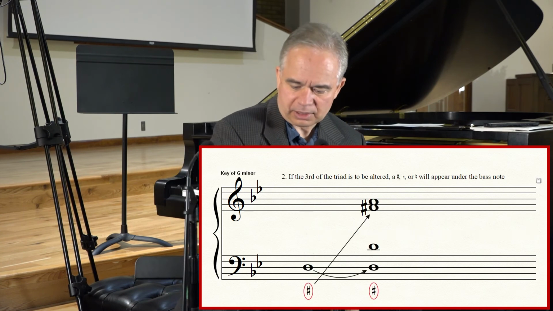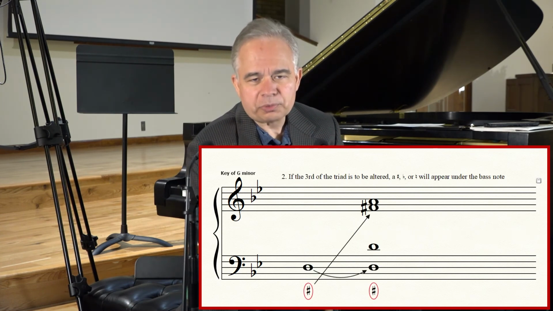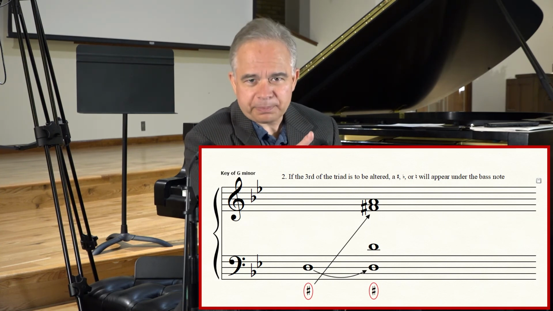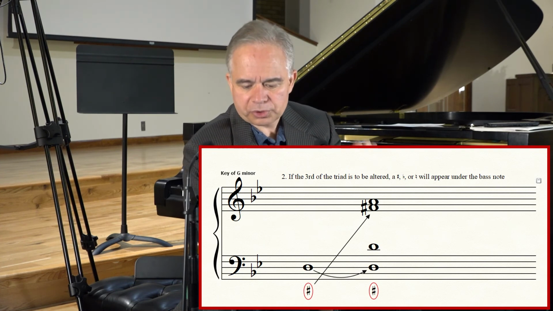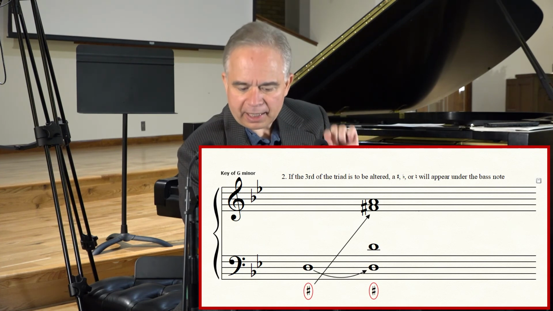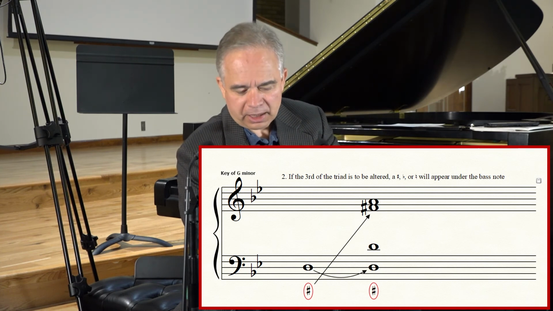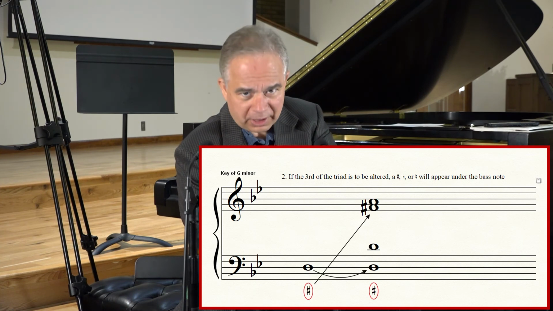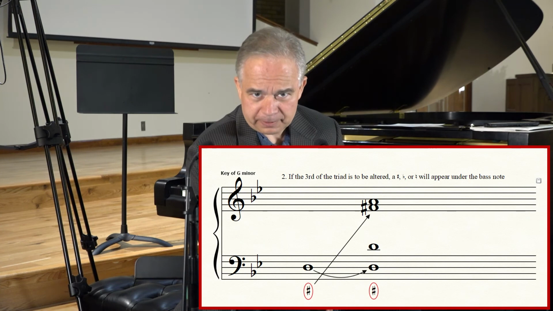So that's number 1. Number 2, if the third of the triad is to be altered, okay? Altered meaning brought up, naturalized, or flattened, okay? You will usually see a flat or a sharp or a natural sign under that chord, okay? And if you only see that figure, that sharp, the flat, or the natural sign, that always refers to the third of the chord, okay?